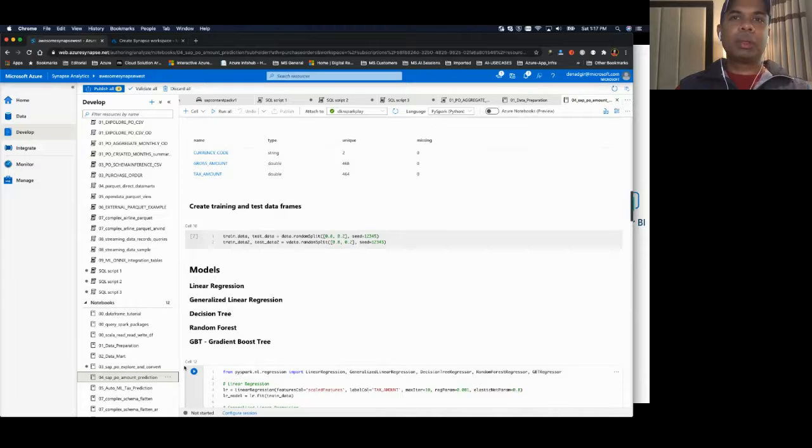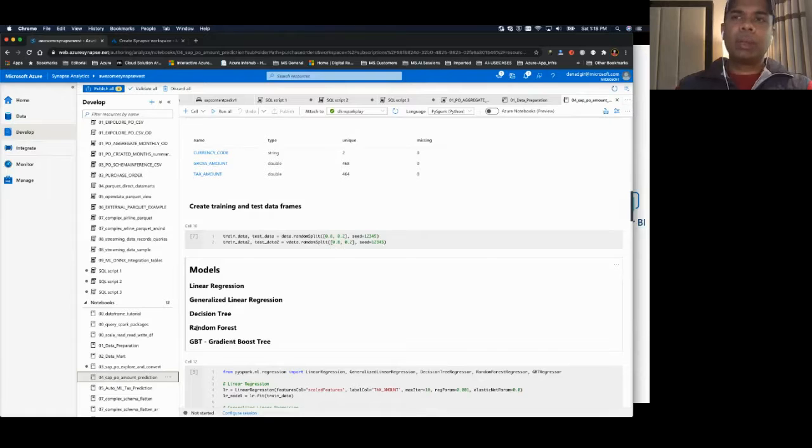So to an extent, I've used simple PySpark-based ML libraries, and then look at MLflow as another open source, very industry accepted model management platform that Azure supports. But apply basic algorithms, right?